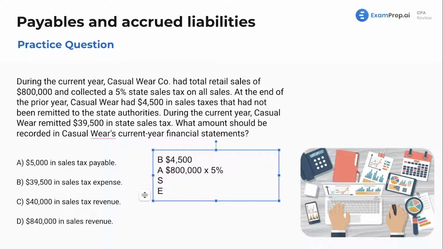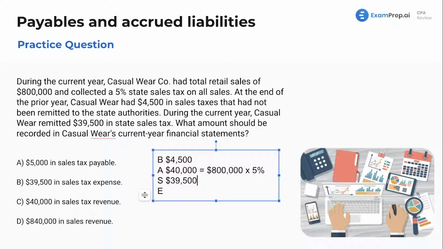I'll give you a second to figure that out. All right, that is actually going to be 40,000. Next, let's look at our subtractions. Well, that would probably be sales tax remitted, so sales tax given to the government. That would be, if you see here, $39,500.